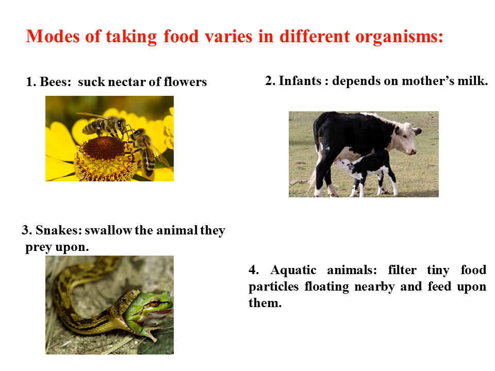In the third picture, snakes swallow the animals they prey upon, not by chewing or sucking. So their mode of taking food is different. And aquatic animals like large fishes and small fishes filter tiny food particles floating nearby and feed upon them.